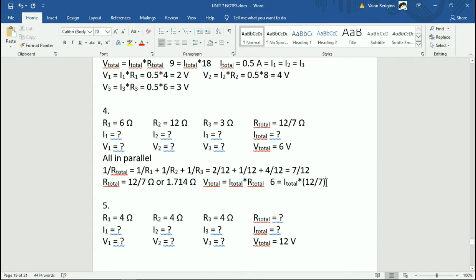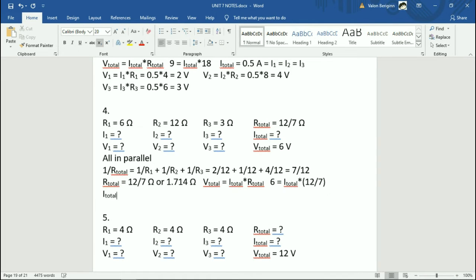So I equals 3.5. I'll keep that as the decimal, because that's a simple decimal. Okay, so now, this is all in parallel. So if they're all in parallel, that means the voltages are all the same. So this is going to be 6.